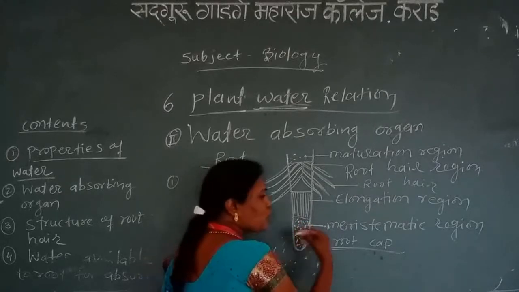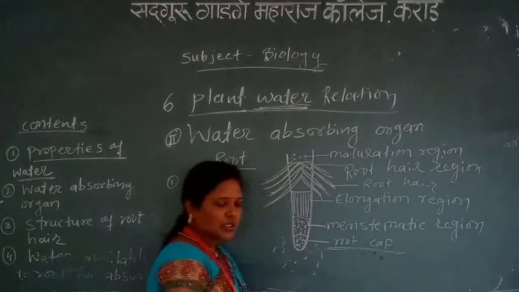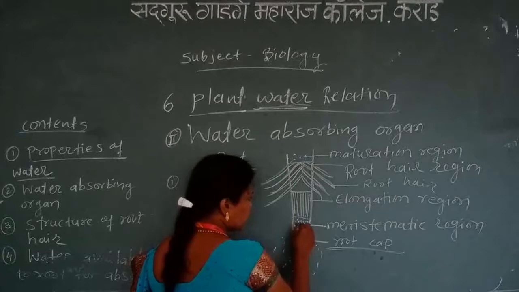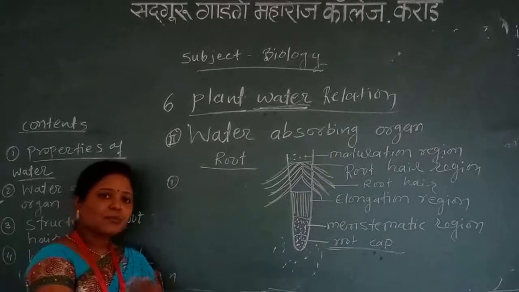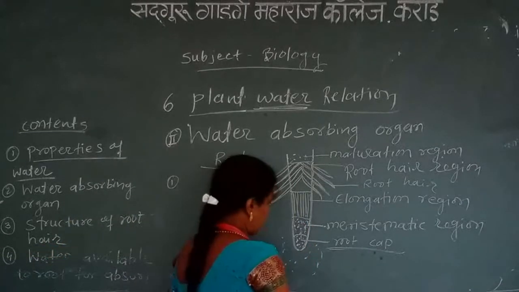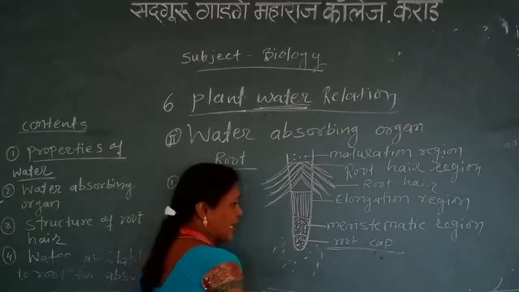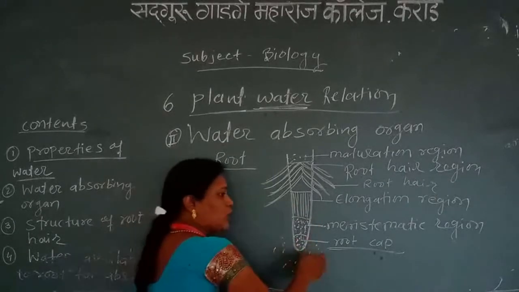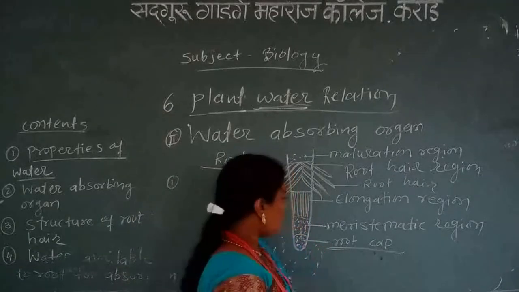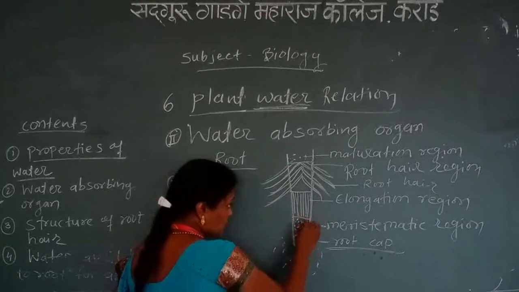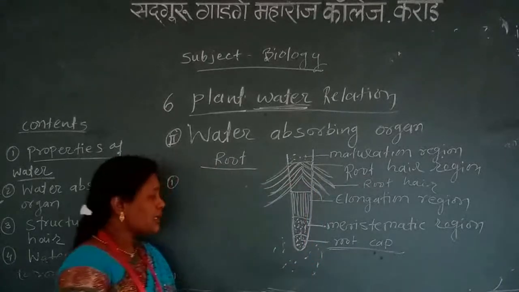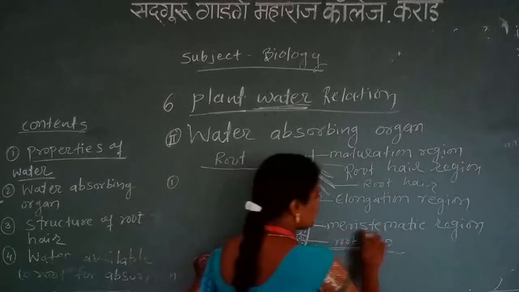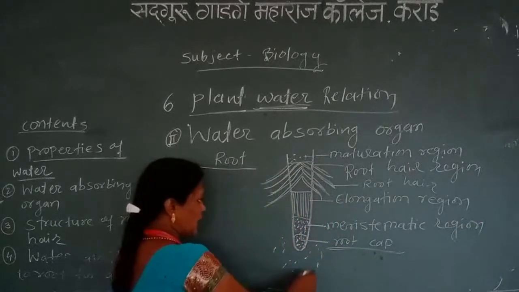Mitotic division is for the formation of new daughter cells. Also it helps to increase the length of root. So this is a meristematic region.